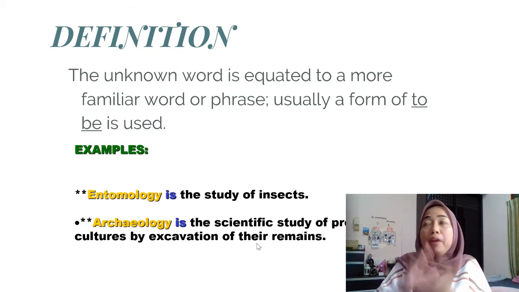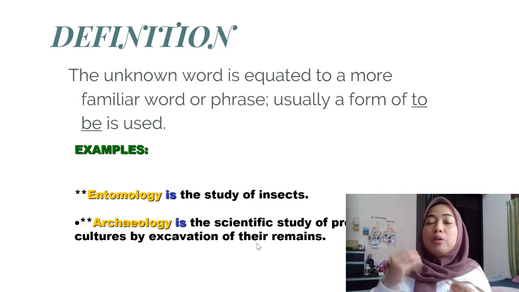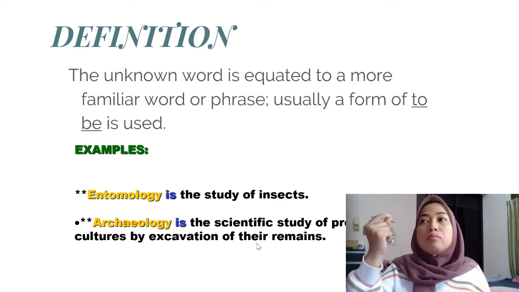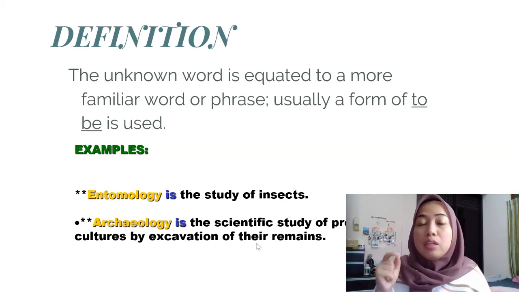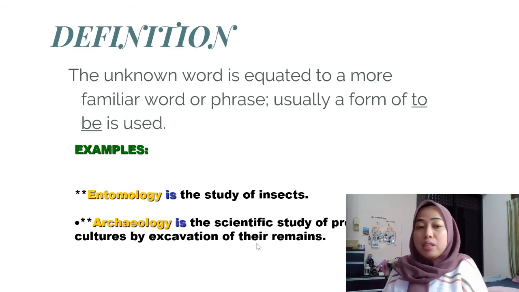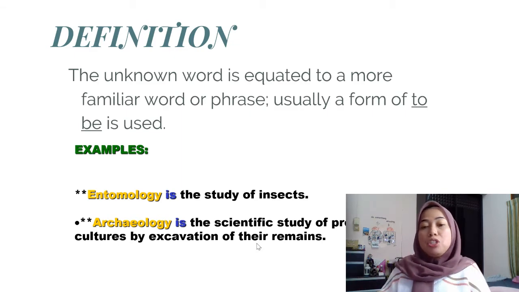So this could be very, very helpful, especially when you're writing an essay and you cannot assume that everybody knows certain terminologies or certain words. So it's always good for you to actually mention the definition in your writing itself. Like example over here, archaeology is the study or scientific study of prehistoric culture by excavation of their remains.